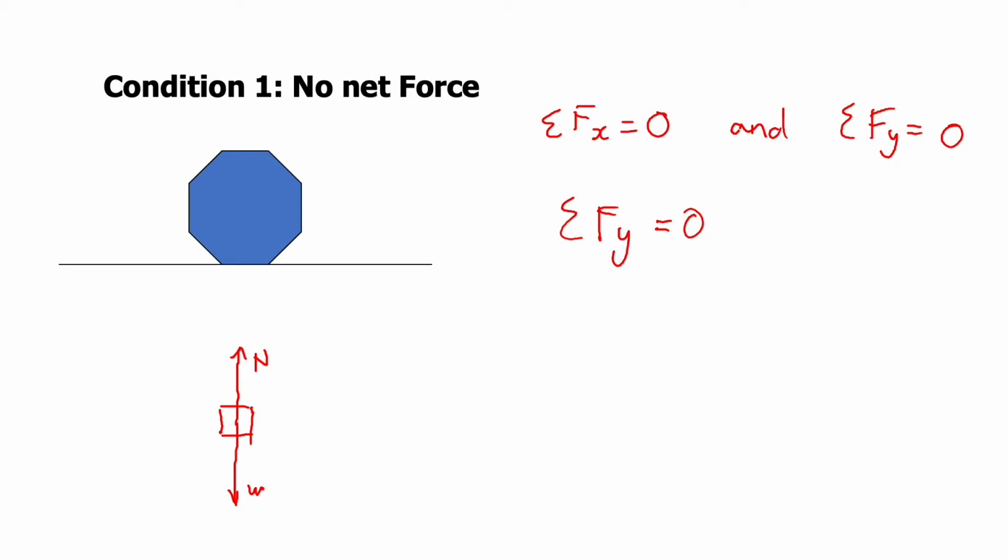Now what are the forces here? We have N, the normal force, minus the weight, which is the mass times the acceleration due to gravity, and we equate it to 0.